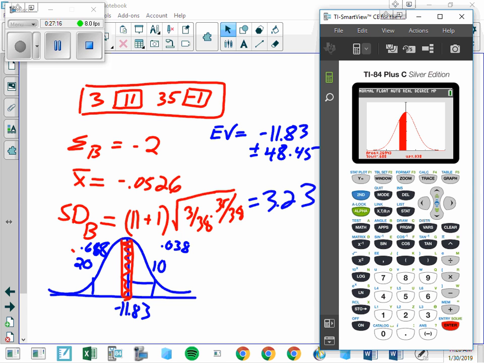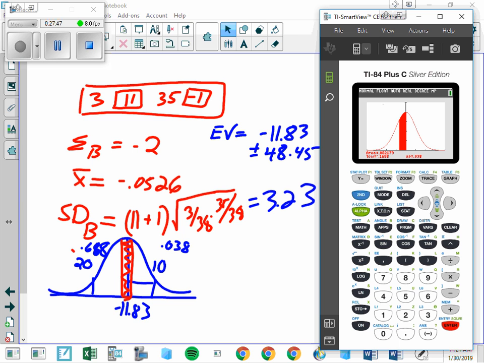Did I plug it in right? Oh, was it 0.168? Oh, you're right. Okay, let's do that again. Negative 0.168. That surprised me. It was bigger than I expected. There we go. 8%. 8.2.